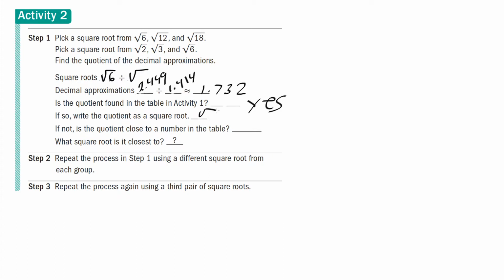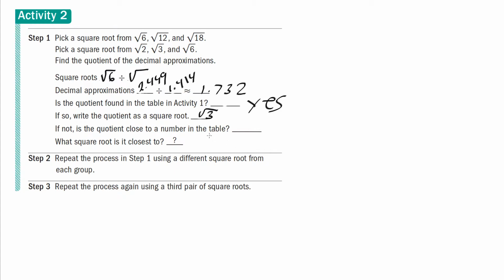It said, if not, is it close to a number in the table, and what square root is it closest to? Well, it depends on how we came out here. I didn't choose anything that would get me there, but we repeat the process in step 1 using a different square root from each group.